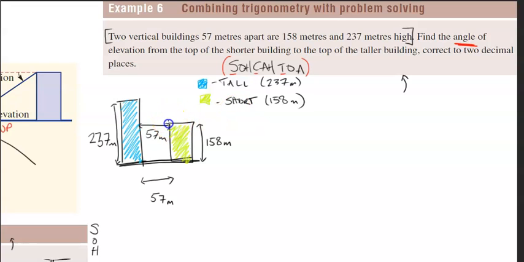So we're finding the angle of elevation from here to the top of the taller building. So the top of the taller building here, let's just create this line that goes from the top of the shortest to the top of the tallest. It's that line there. And we're finding the angle of elevation. So we're finding this angle here.